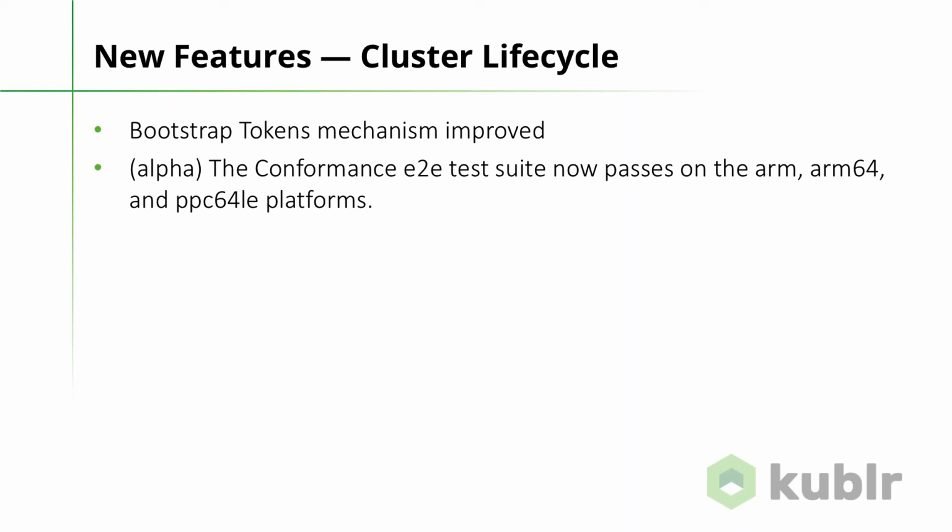Another change is that conformance end-to-end tests for 1.8 pass on ARM64 and PPC64LE platforms. What it basically means is that in the near future you will be able to run a Kubernetes cluster on your phone, if it's ARM64 based, or you can set up your cluster on Raspberry Pi and be happy about it.